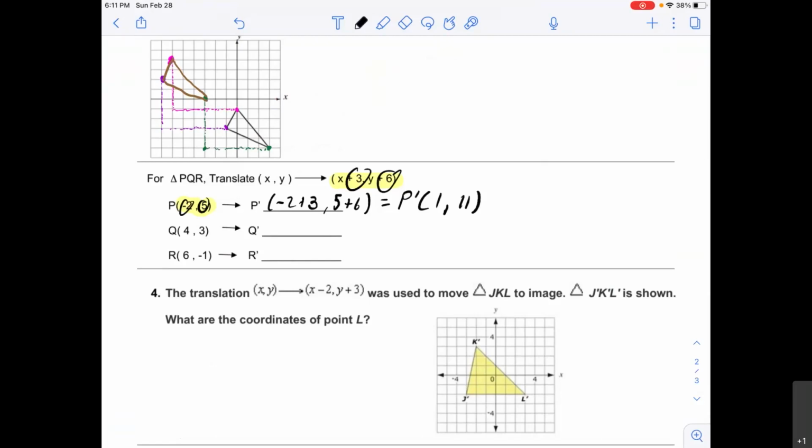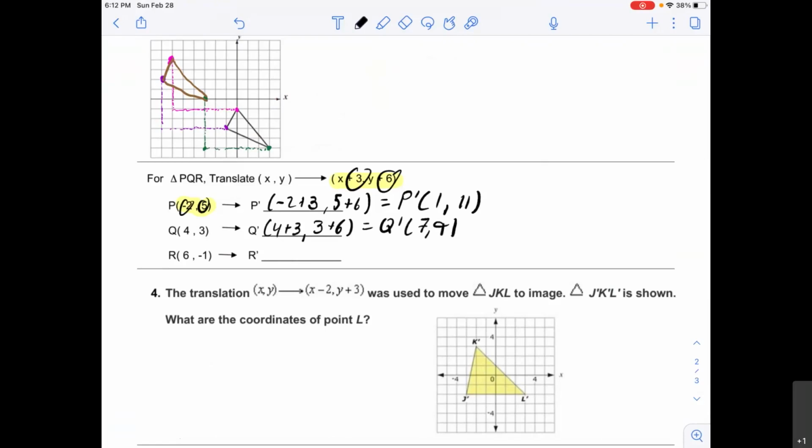The same thing for Q. For Q prime, I would do 4 plus 3, 3 plus 6. That gives me Q prime of 7, 9. So for your check for this, I would like you to figure out where R prime will be.